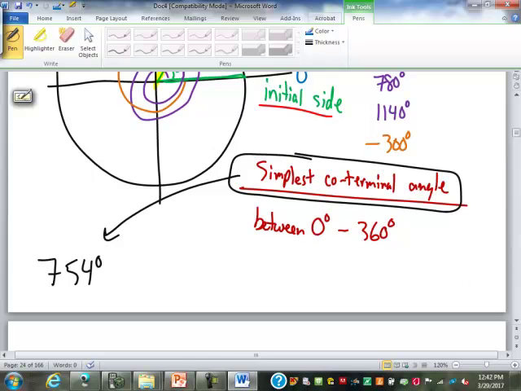Now mathematically I can do it by just subtracting 360. I subtract 360 from 754 and I will get what? 394 degrees. Is that between 0 and 360? No. It means I can subtract 360 again. 394 minus 360 is 34 degrees. Now that's between 0 and 360.